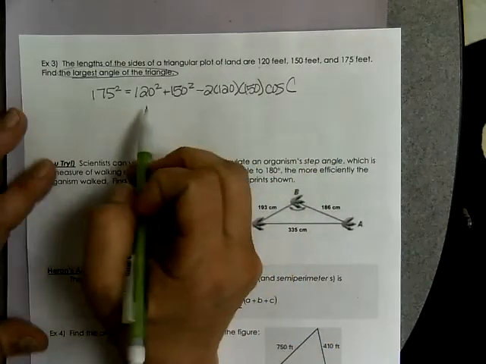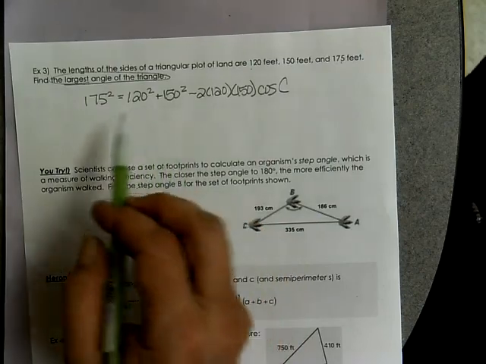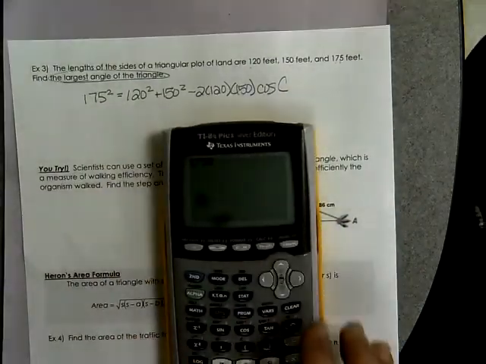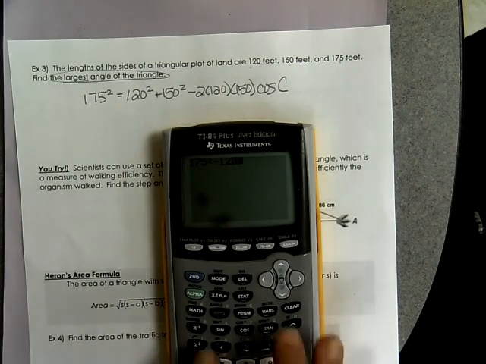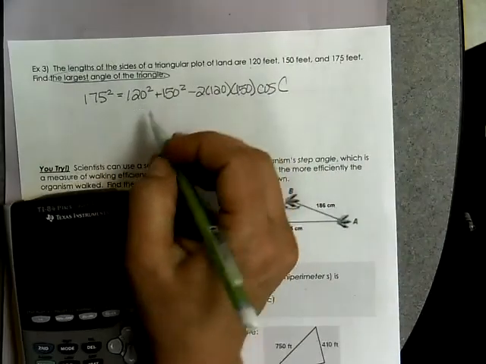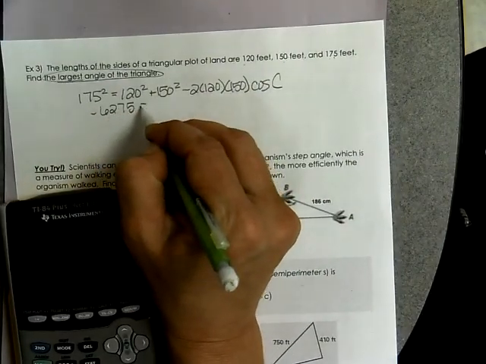All right, so what we would do at this point is continue to do what we did before. We would take the 175 squared, and subtract off the 120 squared and the 150 squared. And so if I move these over to the other side, I get negative 6275.